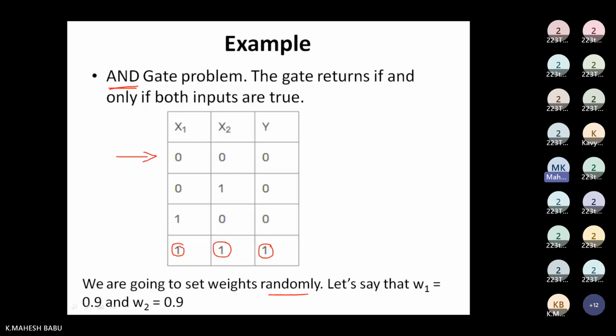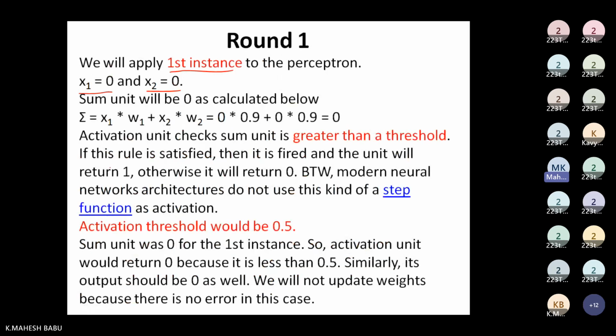The weight should lie between 0 and 1. So in the first instance, x1 is 0 and x2 is 0, and the sum unit is calculated below: x1 into w1 plus x2 into w2, 0 into 0.9 plus 0 into 0.9, and the result is 0. The sum function gives you 0.